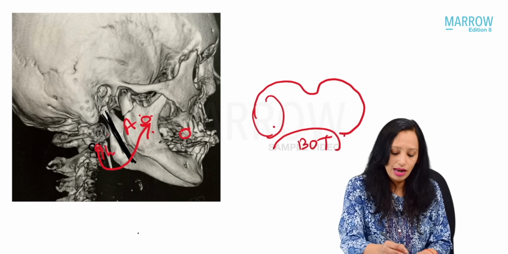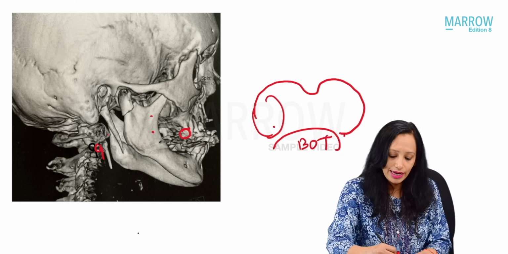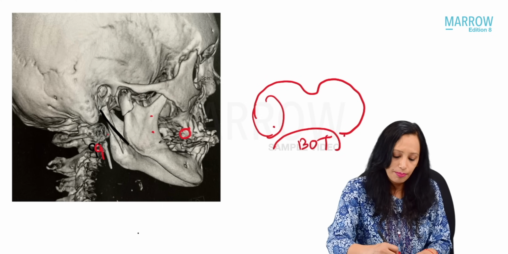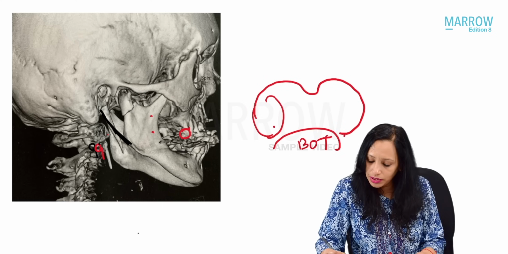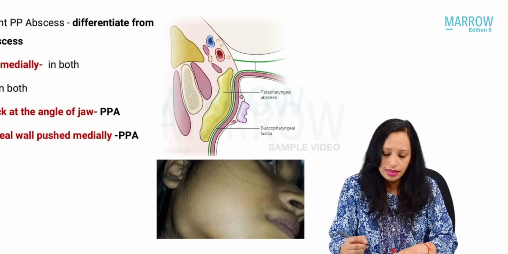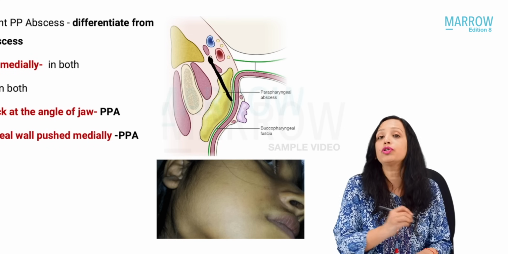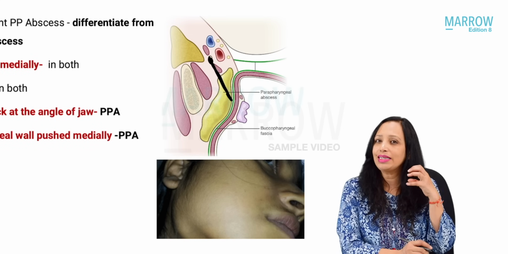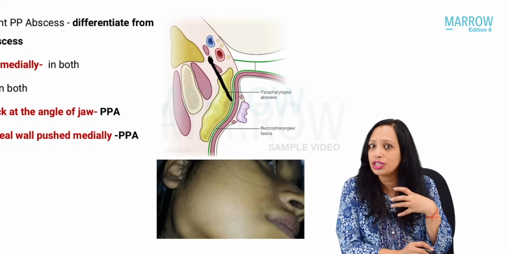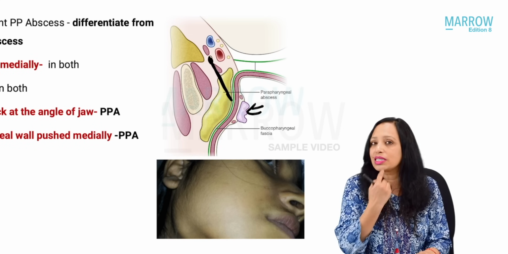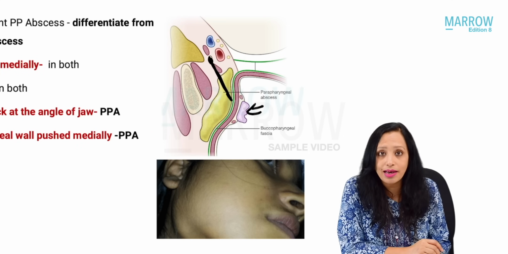Also the enlarged styloid process can impinge on the bed of the tonsil, and that can give a foreign body sensation, or when we palpate the tonsil there can be pain in that area.